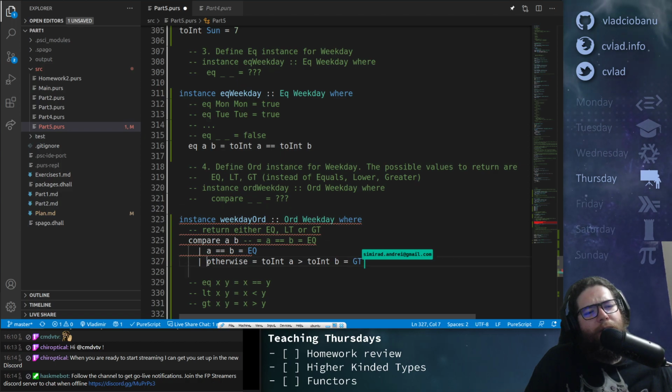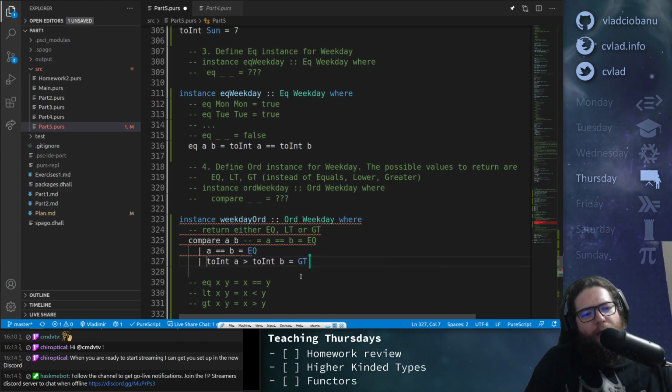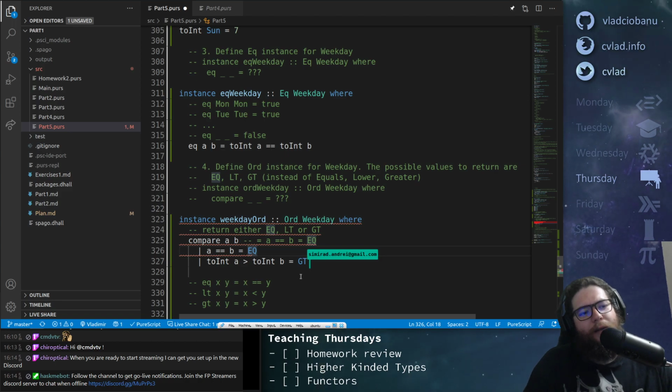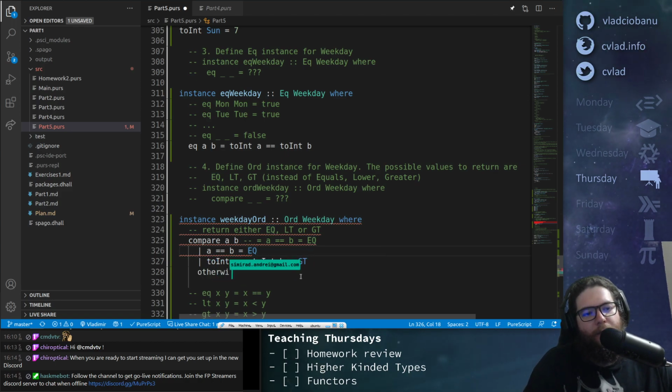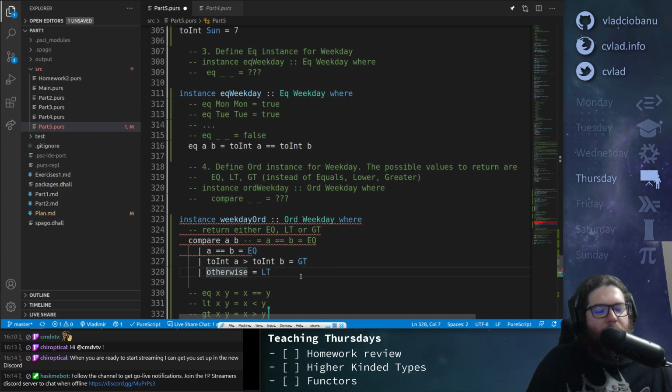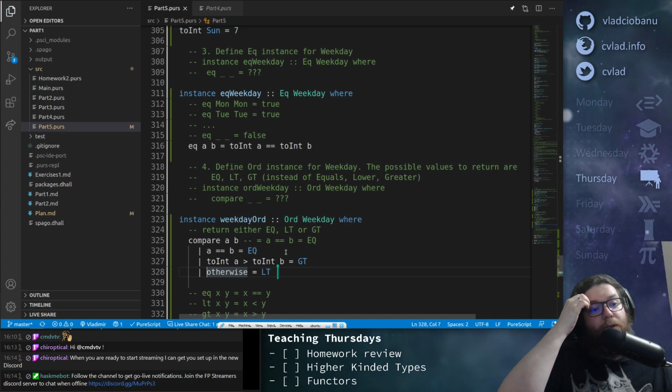I wonder if you can do that here. I think in this case you can do it here, like so. So you don't need the otherwise yet. I think that's okay. And then otherwise it's LT. Right? I forgot this. So let's see if I think this works.